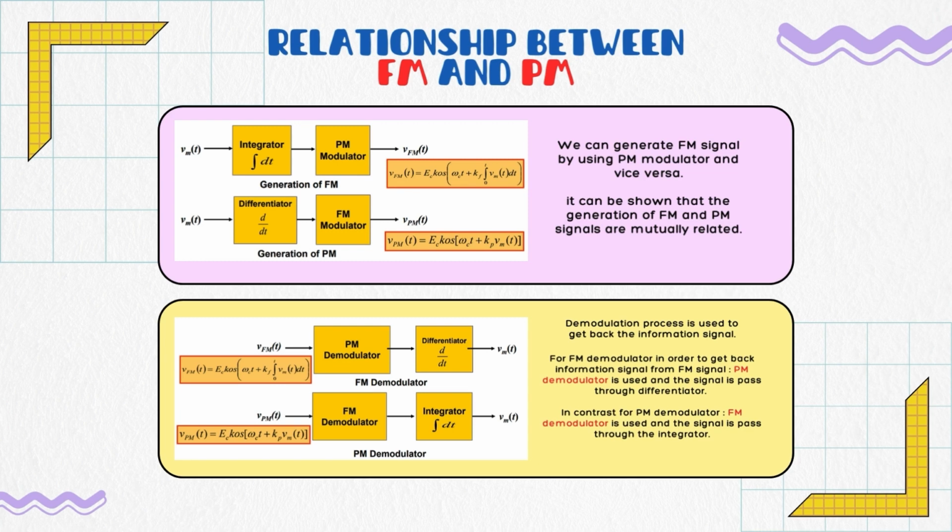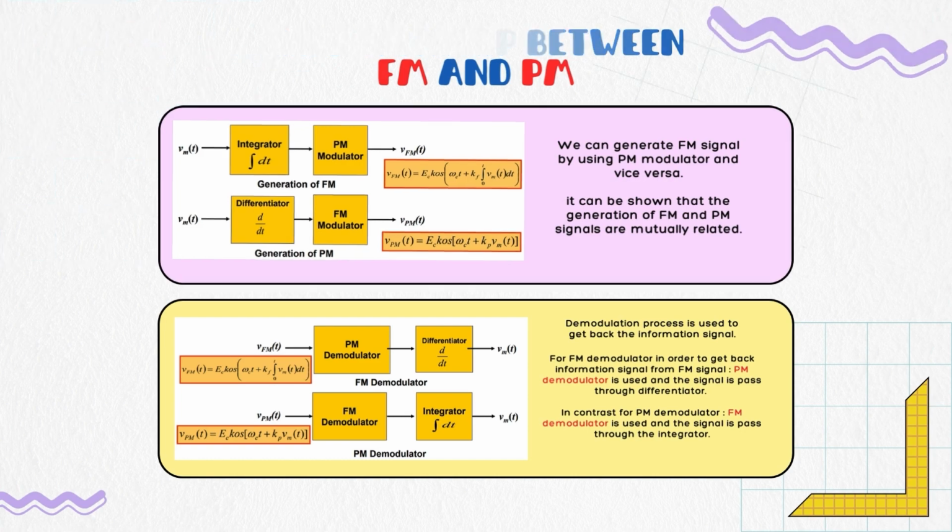The demodulation process is used to get back the information signal. For an FM demodulator, in order to get back the information signal from the FM signal, a PM demodulator is used and the signal is passed through the differentiator. In contrast, for a PM demodulator, an FM demodulator is used and the signal is passed through the integrator.